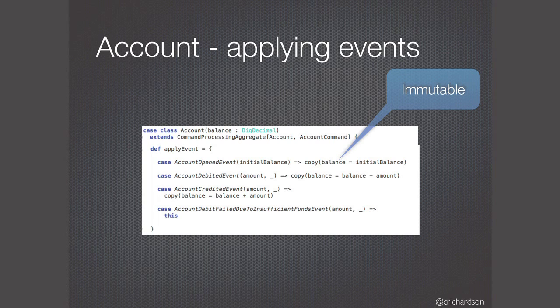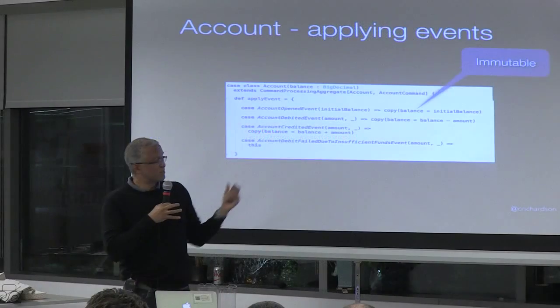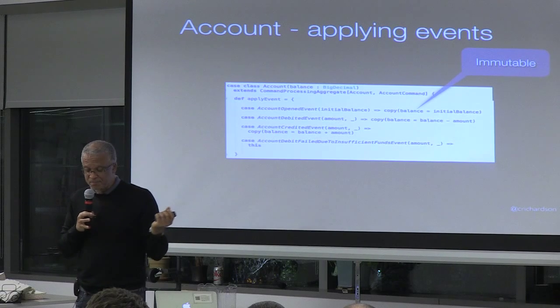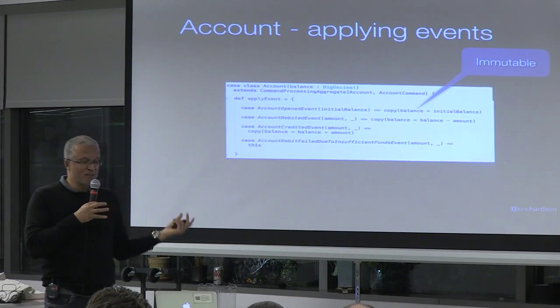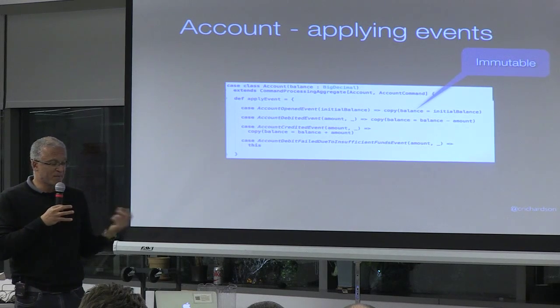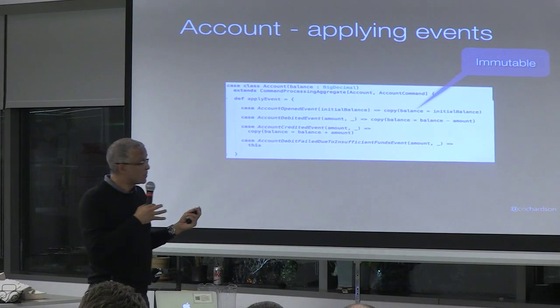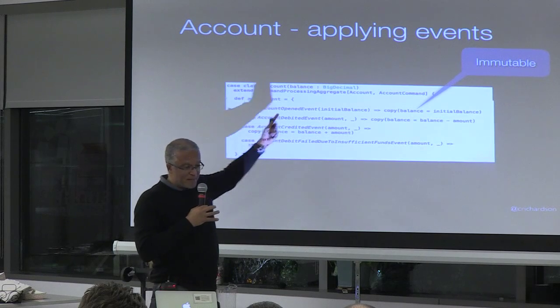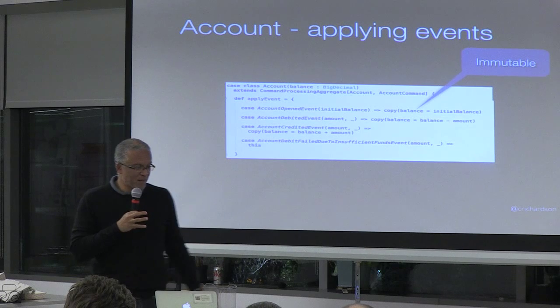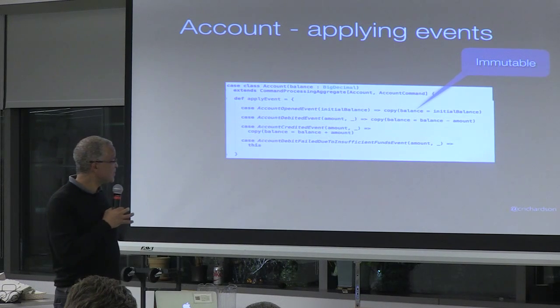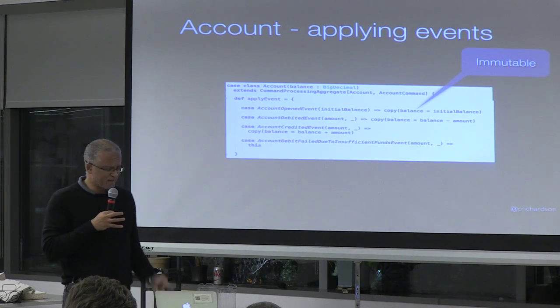Then there's the apply event method, a partial function that's doing pattern matching from event to updated domain object. Once again, because it's a case class, you can just copy it and modify the attributes that you want. Though interestingly, there's scope here for lenses if you want to go fancy and hardcore. Some of my other examples do that.